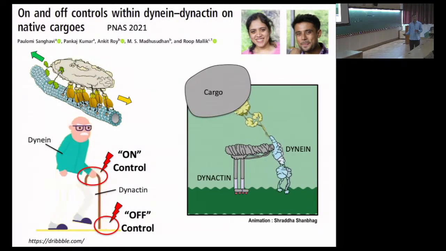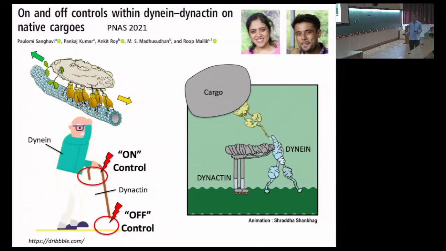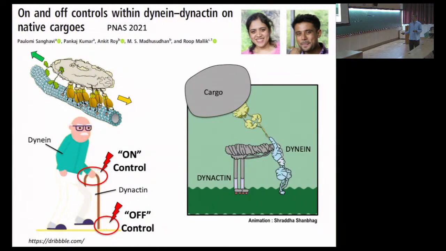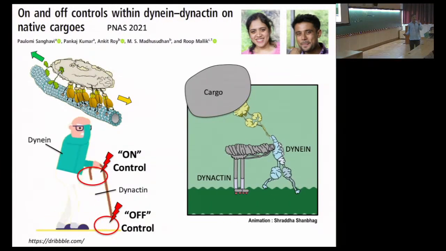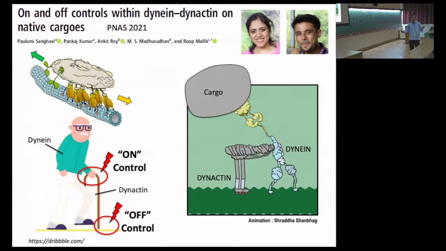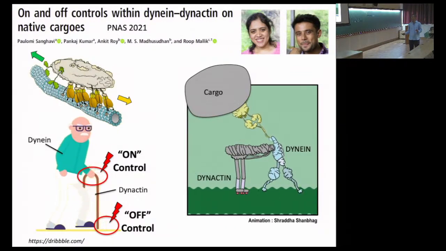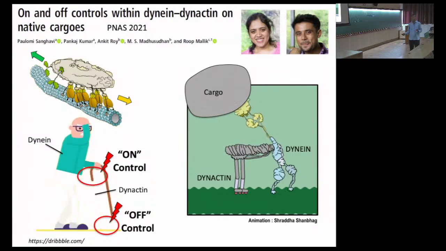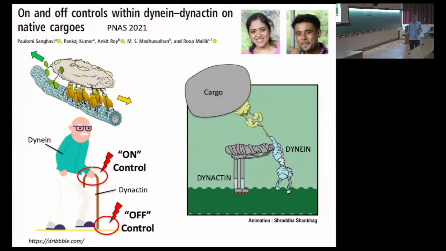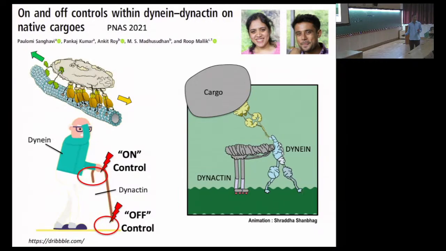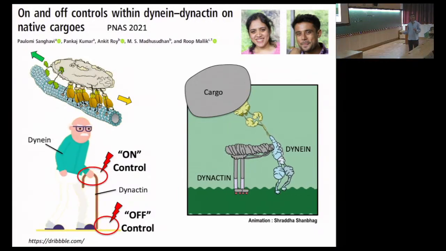Now if I am able to inhibit this binding versus this binding specifically, and I don't want to change anything else, then I either prevent this grandfather from holding the stick, or I prevent the stick from binding to the road. So that's what we were trying to do in this case.